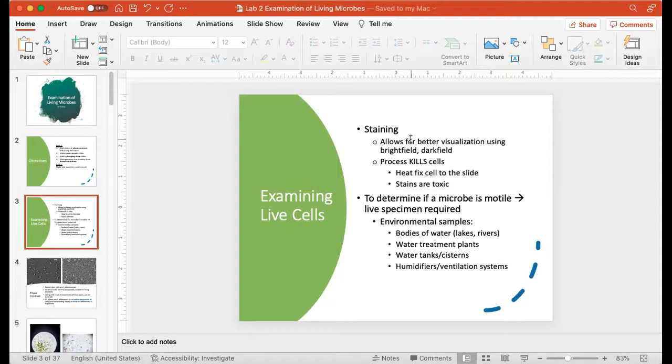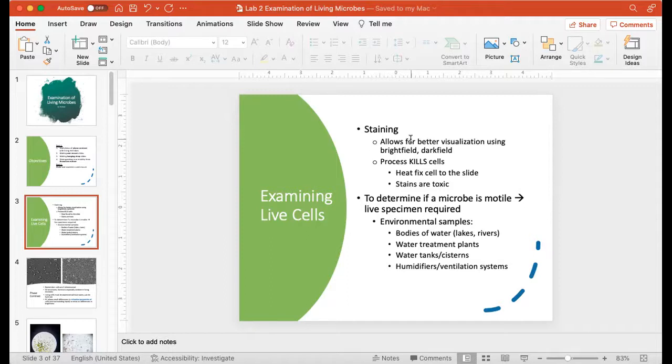Now, here's the thing though, if you apply a stain to a microscope slide with microbes on it, that's going to kill the cells. Now, remember, part of what we do is we attach the cells, we fix the cells to the slide. That process alone will kill cells.